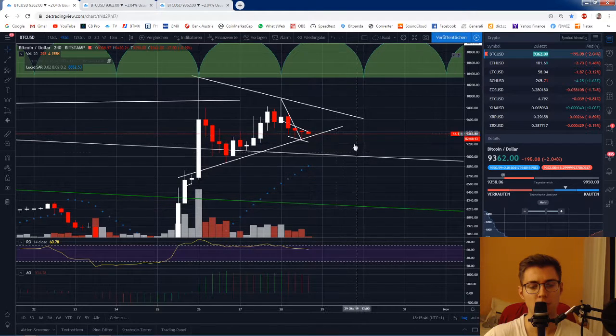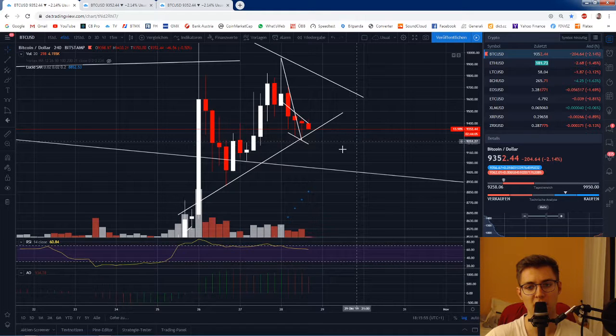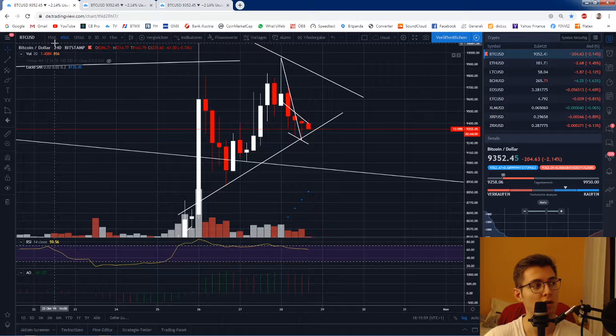Yeah, so we will see if this is our reversal doji on the 4-hour. This certainly looks like a candle, yet seems like we will have more downside in the short term for now.